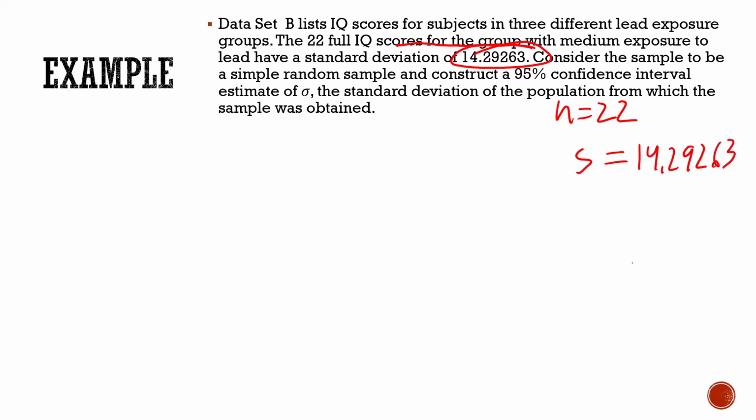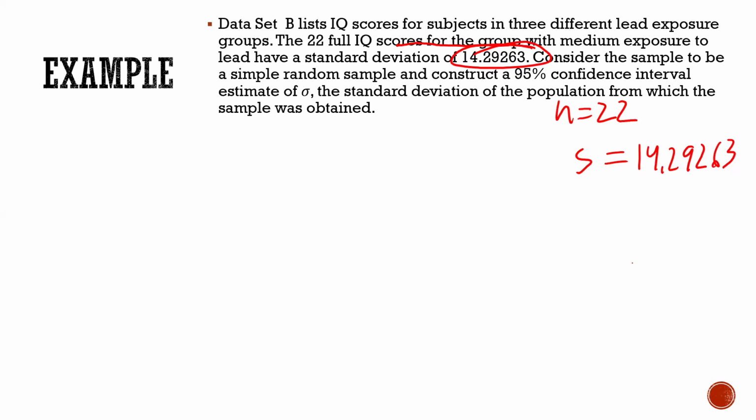I wouldn't be giving you the population standard deviation, because the whole point is to create a confidence interval. We're going to say I'm 95% confident the standard deviation is at least this and at most this. So that's all we need.